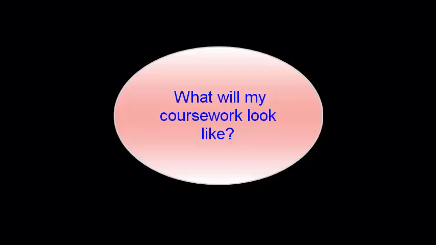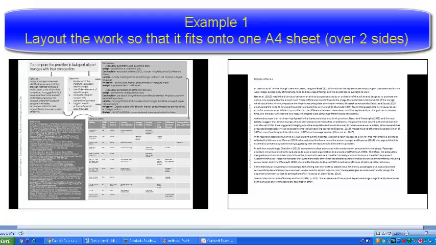How you choose to present your work is your choice. Here's one example where the aim, objectives and rationale, the literature matrix and with it the references and the literature review and finally the methodology are all included.